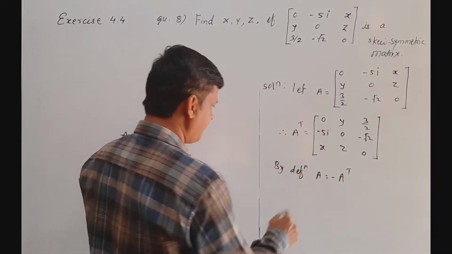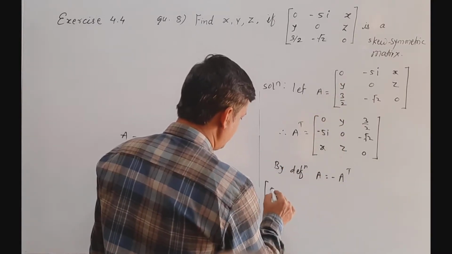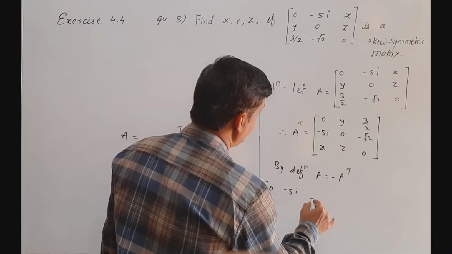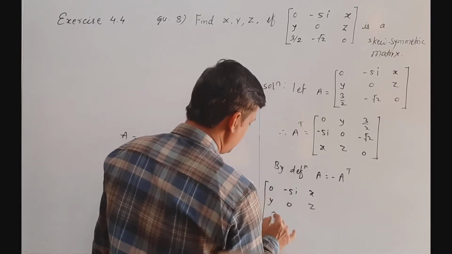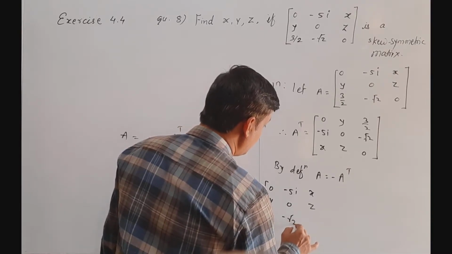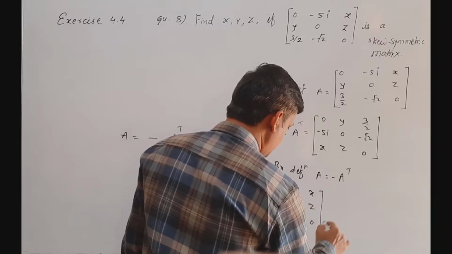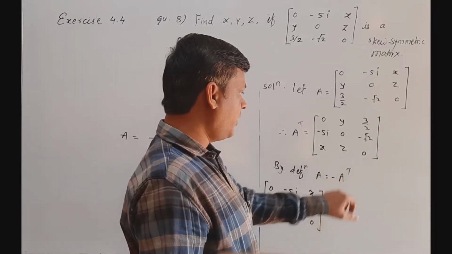So we write here matrix A as the given matrix: 0, minus 5y, x, then y, 0, z, then 3 by 2, minus root 2, 0, is equals to minus A transpose.